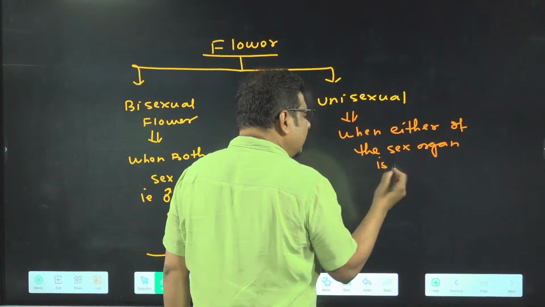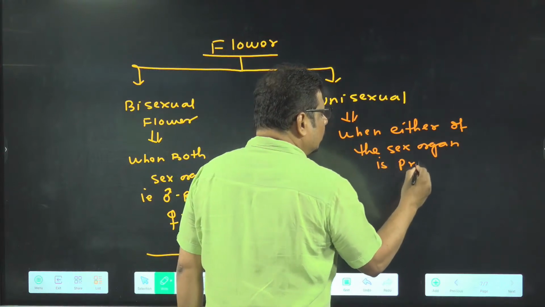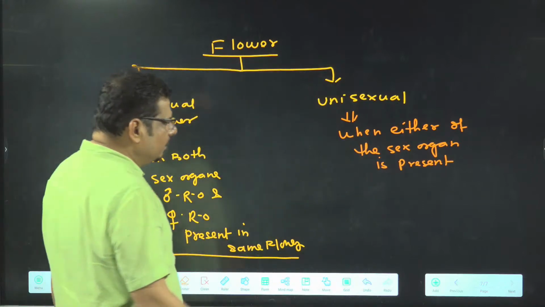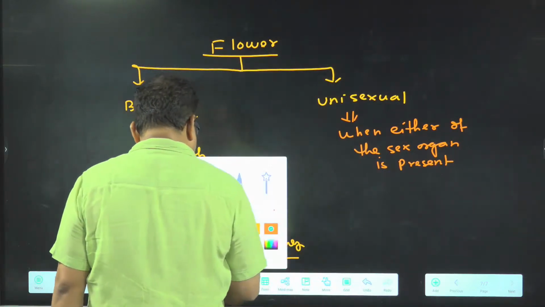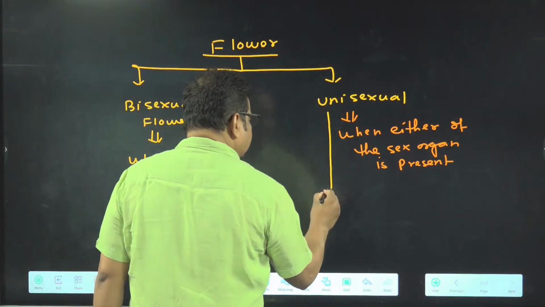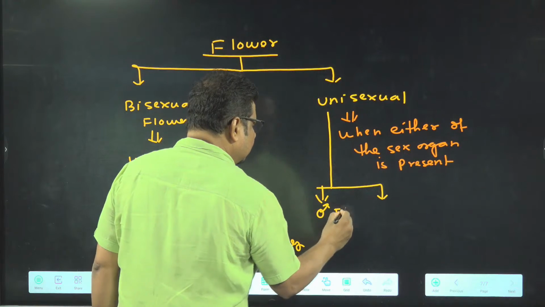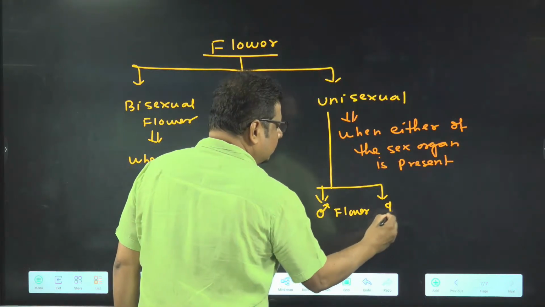Either of means anyone, not both. It is called which one? Unisexual flower. If you talk about typification of the unisexual flower, we can write a unisexual flower is of two types, male flower and female flower.